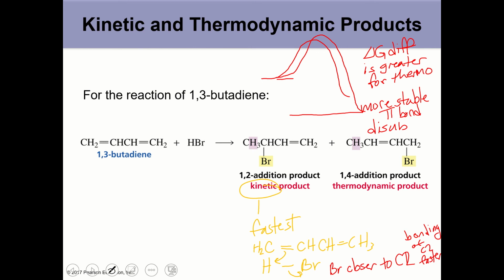Now I have to tell you that the 1,4 product will not always be the thermodynamic product. Sometimes the 1,2 product will be both the kinetic and the thermodynamic product. So let's say 1,2 is always the kinetic product because that has to do with proximity. And 1,2 is sometimes also the thermodynamic product.